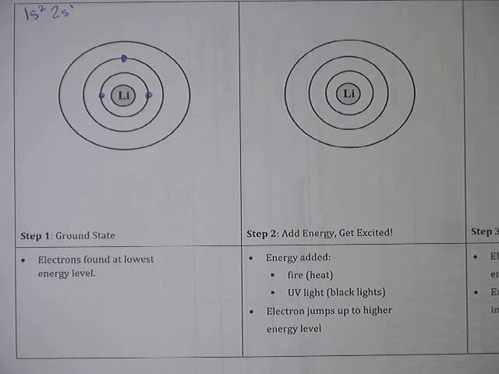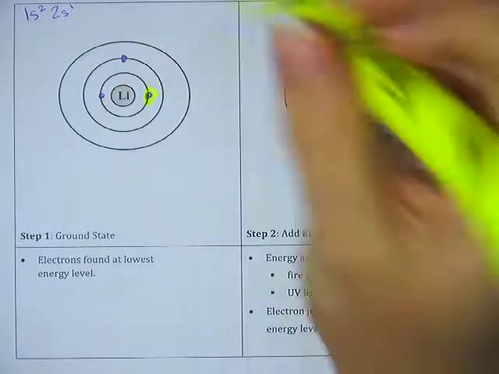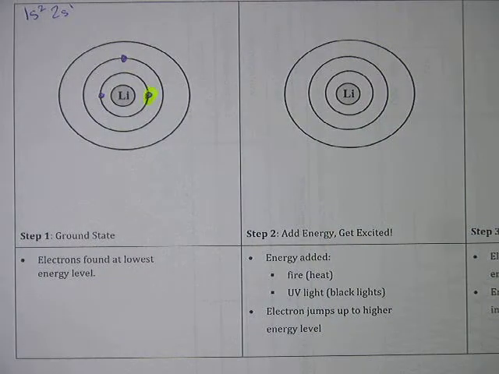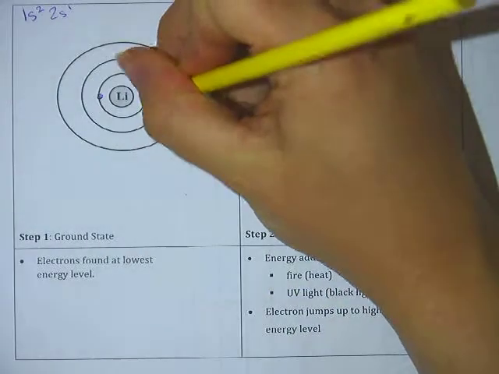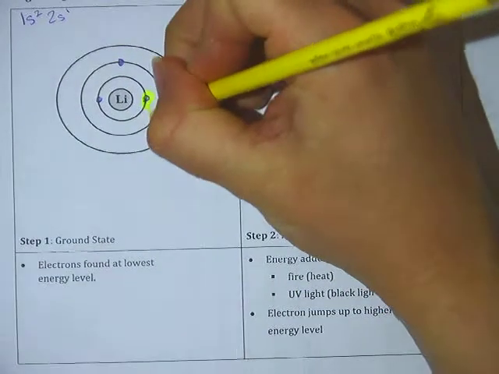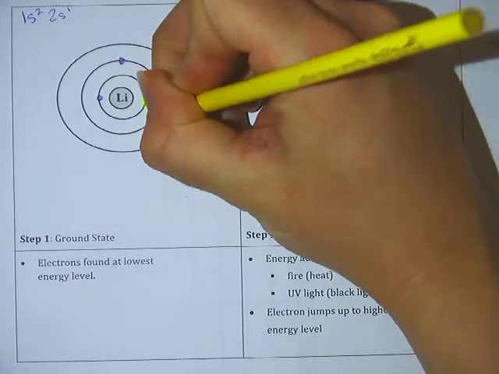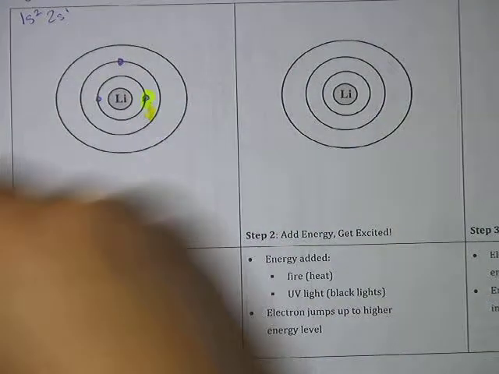So what ends up happening is that maybe this electron that was in a lower energy ground state might end up jumping out further away from the nucleus.